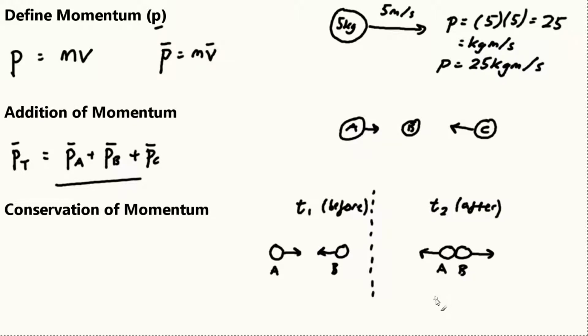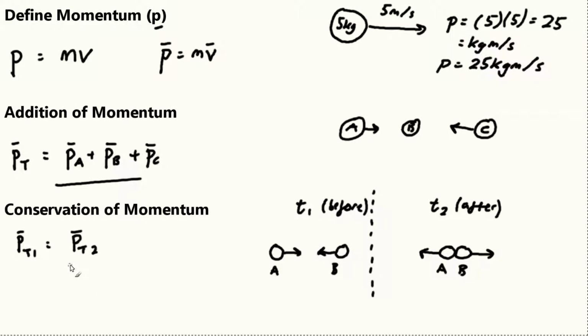For every situation that we will be considering, we can say that the total momentum is conserved, and therefore we can say that Pt1 is equal to Pt2.